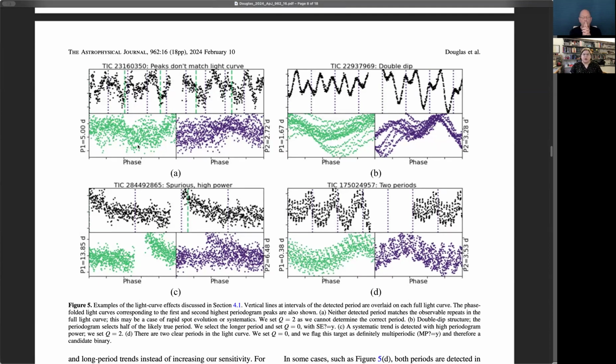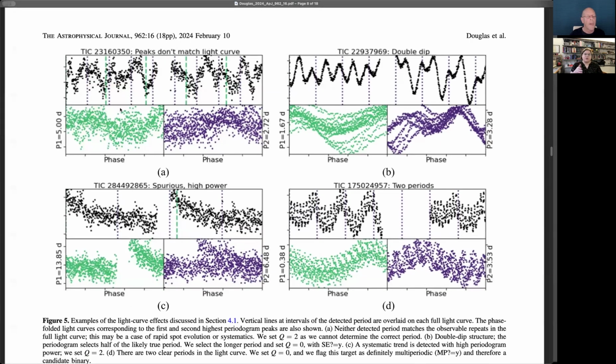On the black full light curve, there are vertical lines, and those are spaced out by the measured period. So in the top left, the dominant period is 5 days. The green dashed lines are spaced every 5 days, and the purple ones are every 2.7 days. It's just another way to look at the periodicity of the light curve.